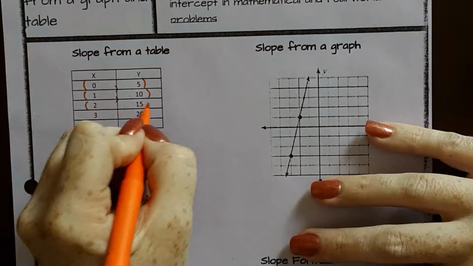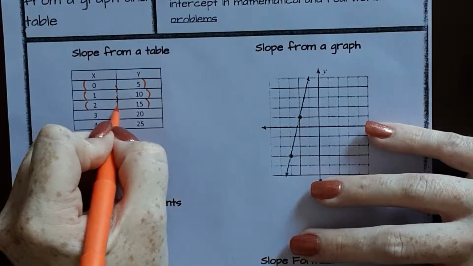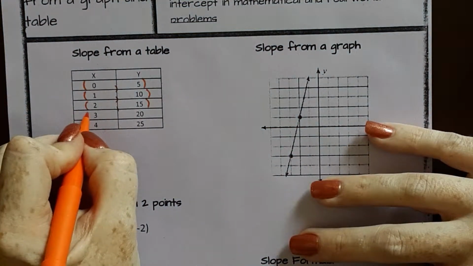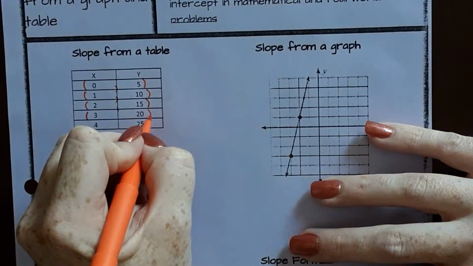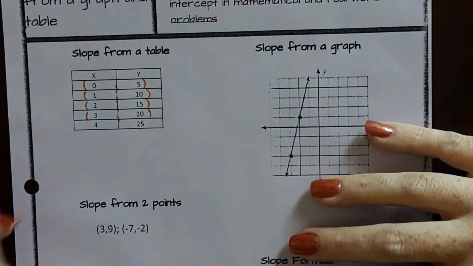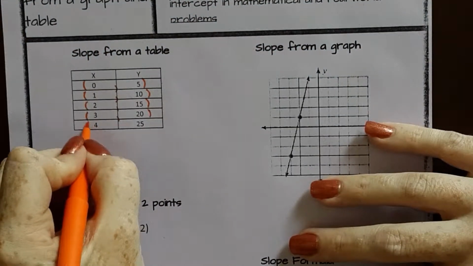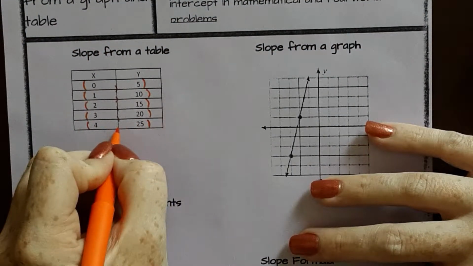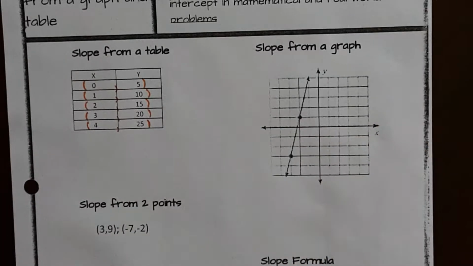The next point is 2, 15. We have 3, 20. And we have 4, 25. These are sets of points along a line.